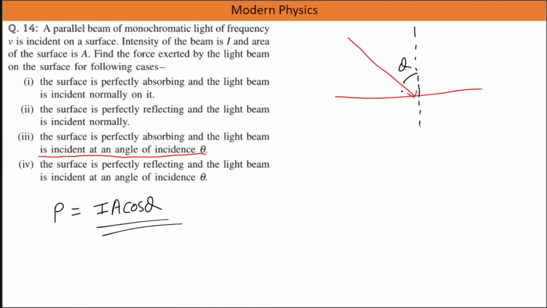Now along this direction, light is falling and it is getting completely absorbed. Done है? So यहाँ पे photons कुछ ऐसे आ रहा है and it is getting absorbed. So you just treat it like a collision of photon with the surface along this line, and then along this line this photon is getting absorbed. Just before striking, it has certain momentum that is equal to h by lambda.